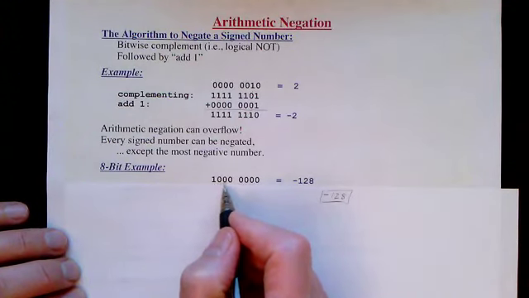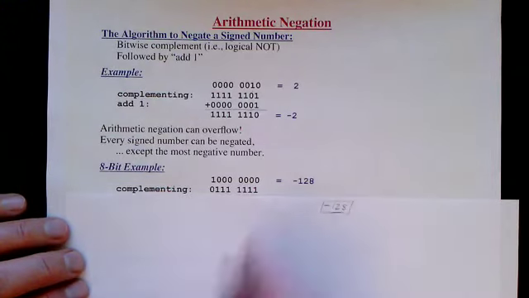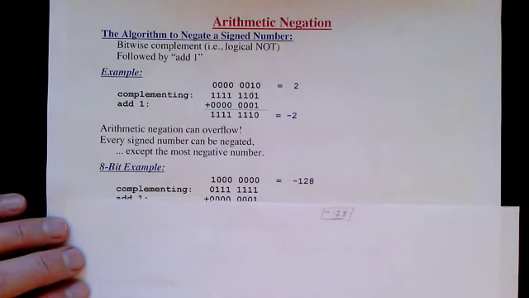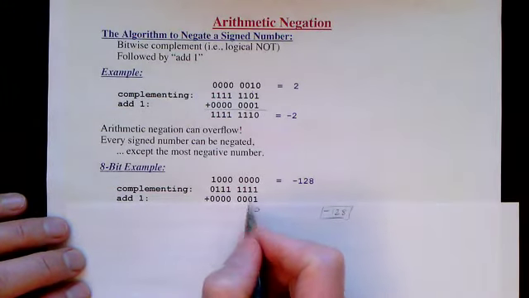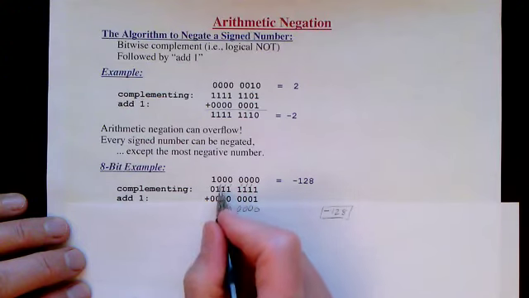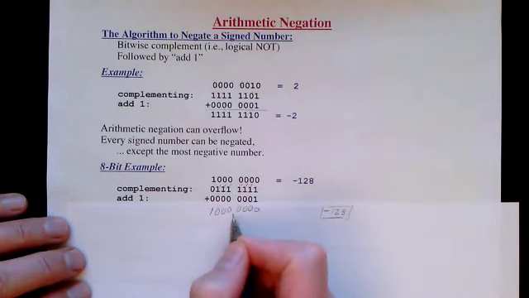We take all the bits and we flip them, and we get this number here. And then we add 1. 1 plus 1 is 0, carry 1. 1 plus 1 is 0, carry 1. 0, carry 1, 0. 1 plus 1 is 0, carry 1. 1 plus 1 is 0, carry 1. 1 plus 1 is 0, carry 1, and bring that 1 down.